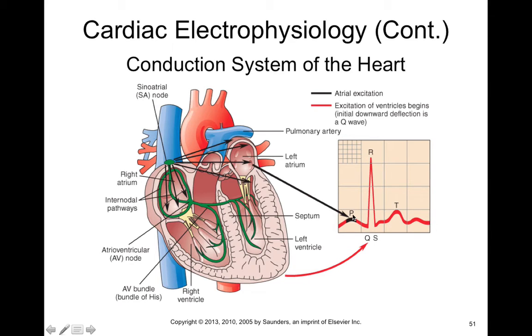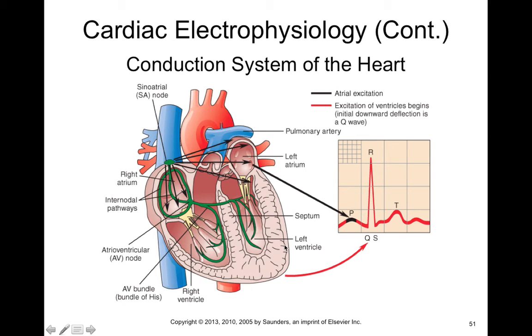Now, the P wave is a change in the electromagnetic fields in your body due to electrical activity in the atria. So the P wave here on the EKG indicates atrial electrical activity. The QRS wave here indicates ventricular electrical activity, and the T wave also indicates ventricular electrical activity.